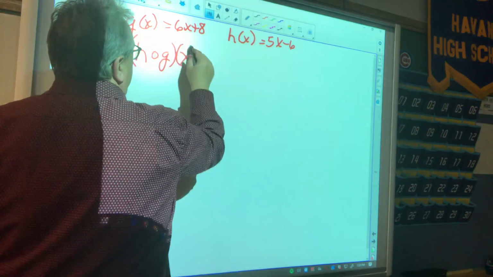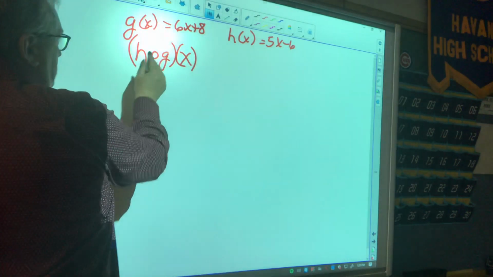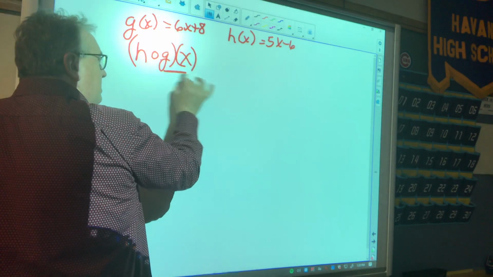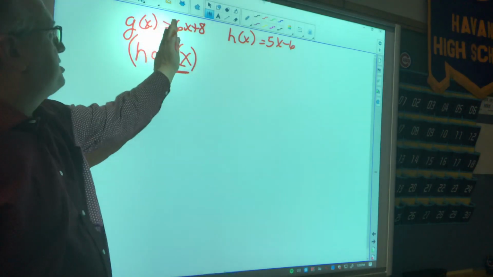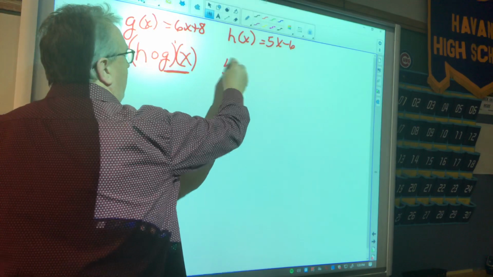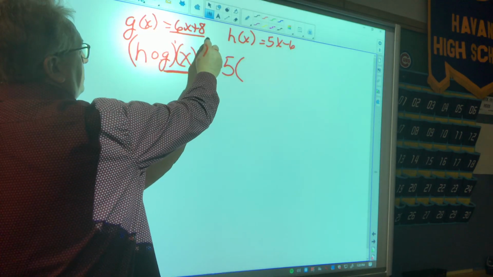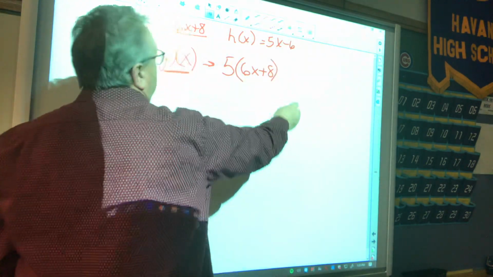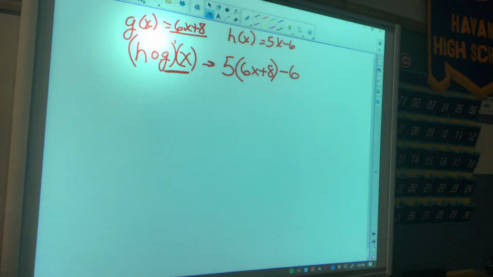So we're going to find the hog of x, h of g of x. So we want to take g of x, the second part, which is right here, and substitute it in for h of x. So we have 5 times, that's going to be our new x, right? 6x plus 8. Don't forget the rest of our expression, minus 6.